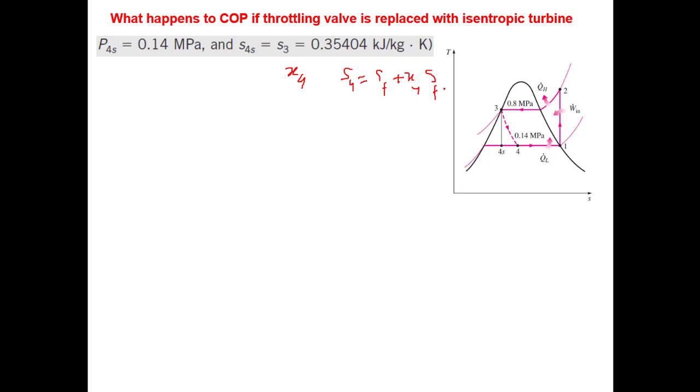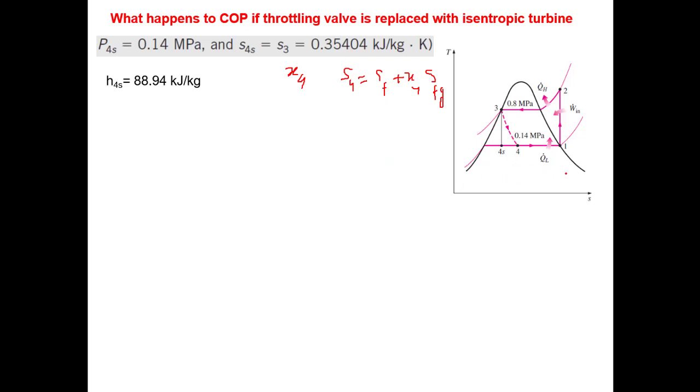So from here we can calculate the value of x4, and then we can use the same formula for the enthalpy, like h4 is equal to hf plus x4 times hfg. So from here we can calculate the value of h4s. So the remaining is the same.